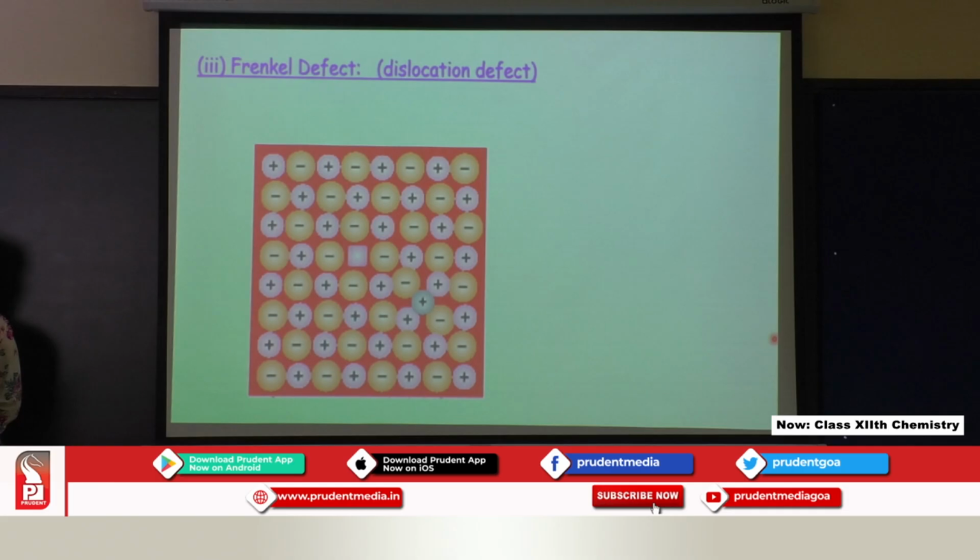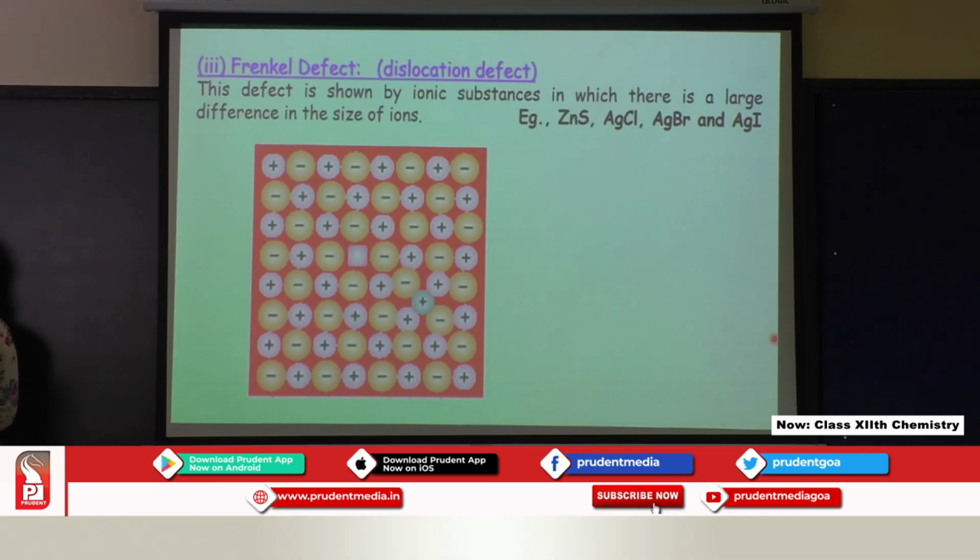Next, we have Frenkel defect, which is also called dislocation defect. These types of defects are seen in ionic solids. Some examples of substances showing this type of defect are zinc sulfide, silver chloride, silver bromide and silver iodide. If you look at the crystal, it would have been a perfect crystal if all the cations and anions were present at their original sites.